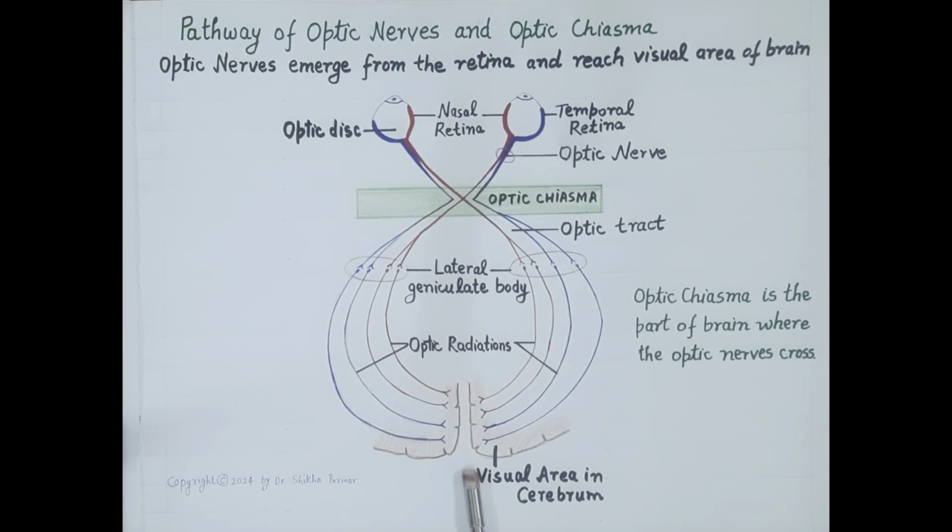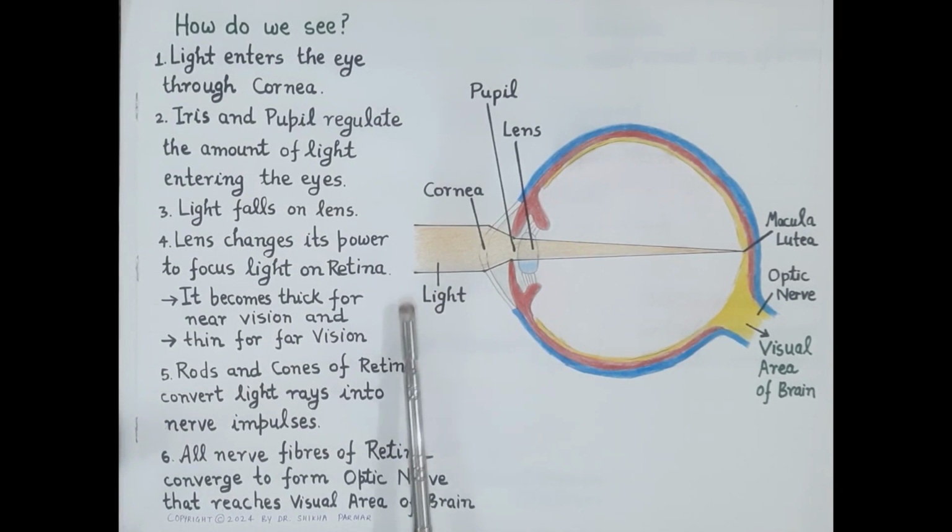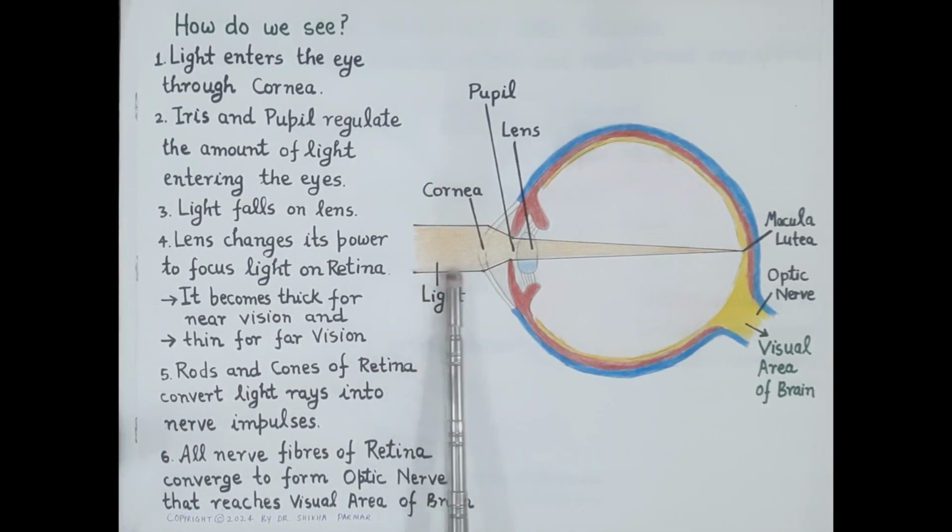Now in order to understand this optic pathway, let's quickly review the mechanism of sight and how the optic nerve helps us to see. Look at this figure. This explains the mechanism of sight. So this is the light. Light reflected from an object enters the eye.